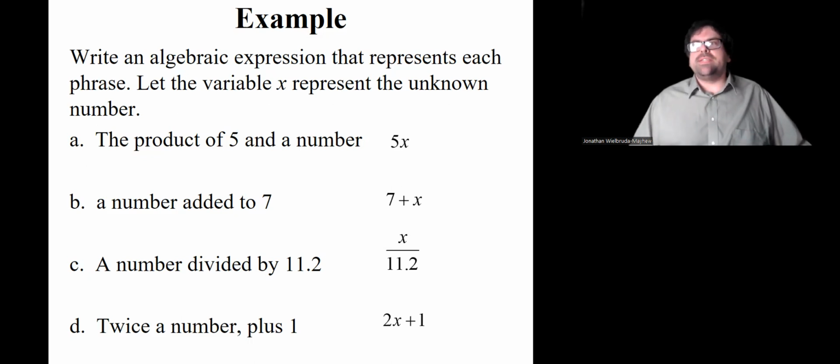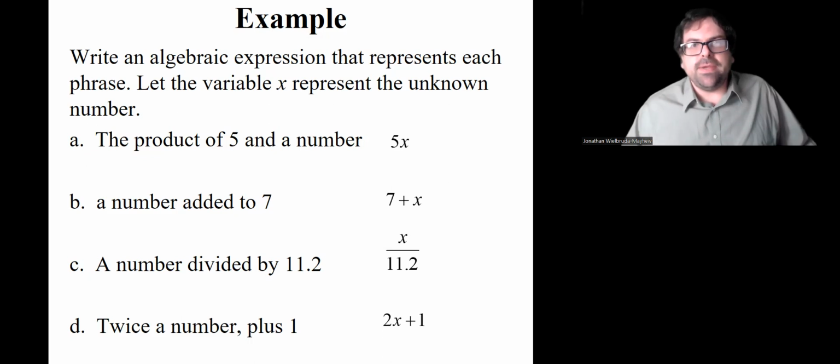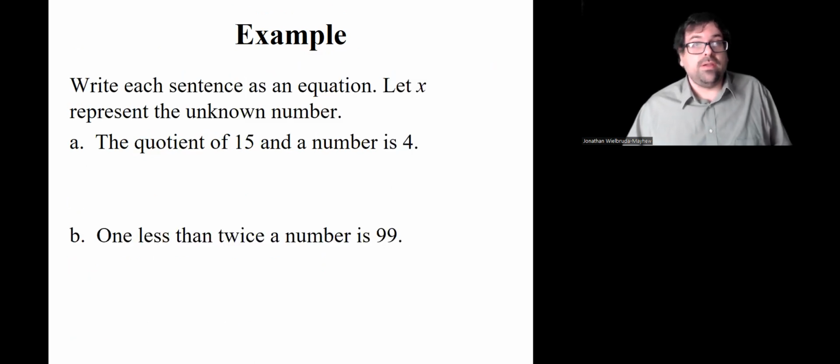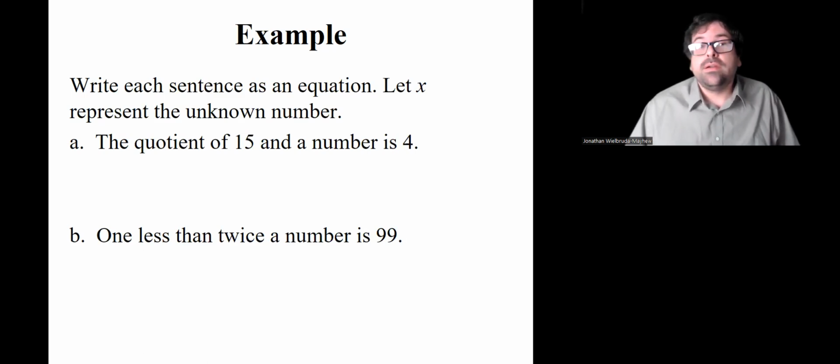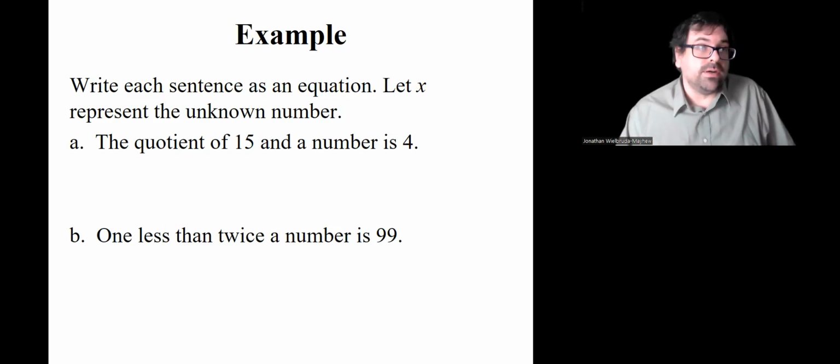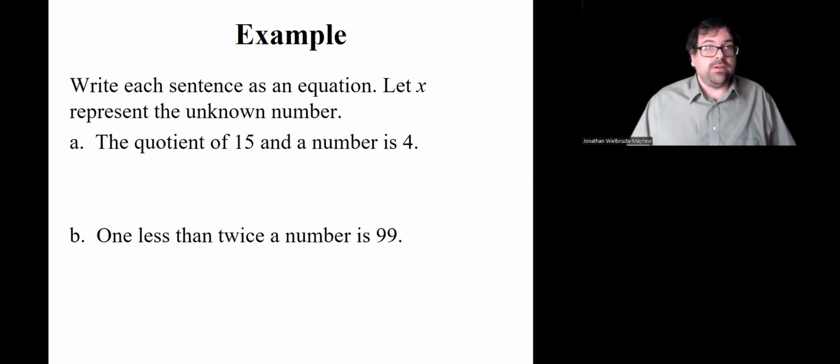Now, these examples have all been expressions because none of them have had words that indicated we have an equal sign. That's going to change now. The quotient of 15 and a number is 4. Quotient is division.